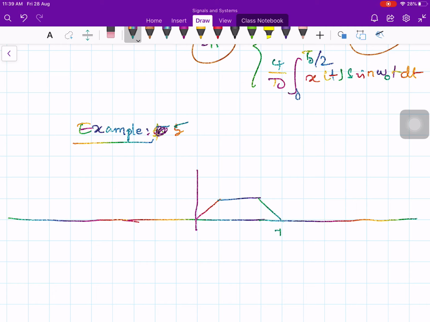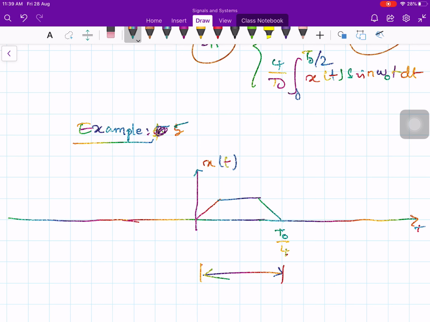This is T naught by 4 and this one is T, and let's say this is my X of t. A waveform is given only for 1/4 of the interval. The waveform is not given fully. Now certain conditions are given and we are asked to complete the waveform.